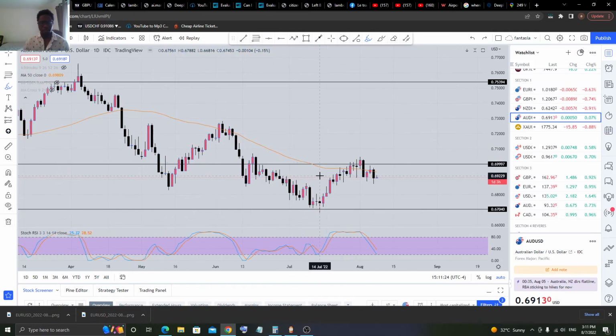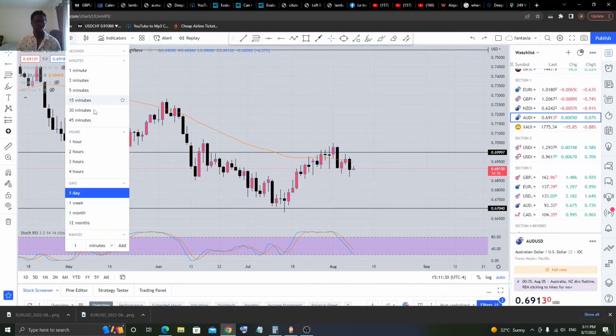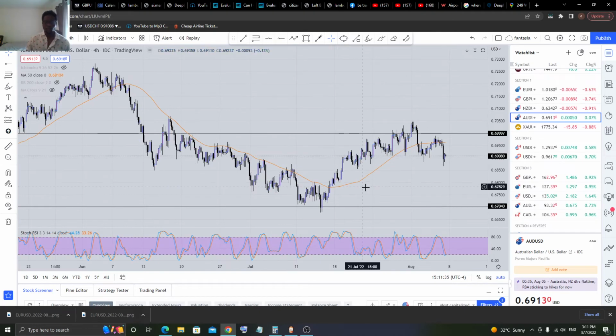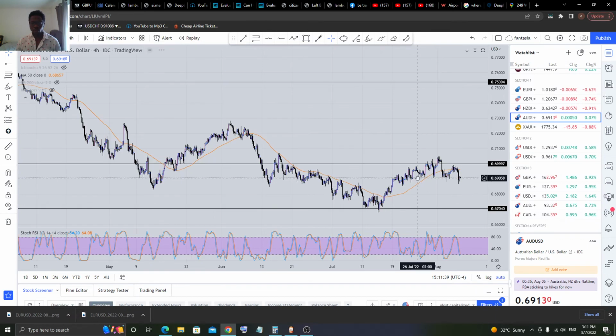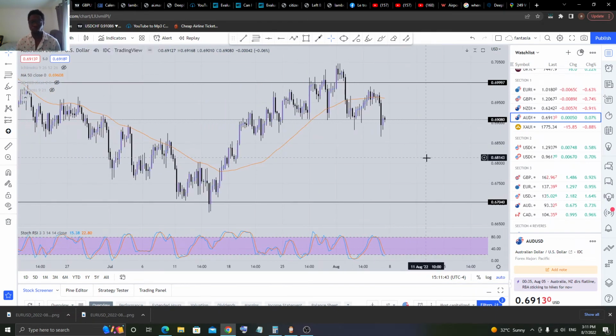So how am I going to know that price has to come back to test it? Let's go again to the 4 hour time frame. I might be seeing something there that's going to let me know that price is buying. So what will that thing be? And I know that this is a big move coming to the downside. So obviously price is not going to be like this.